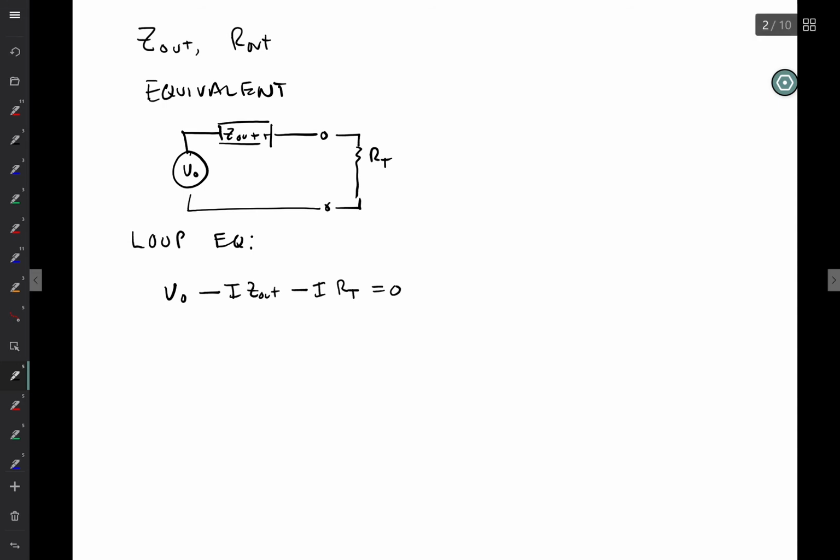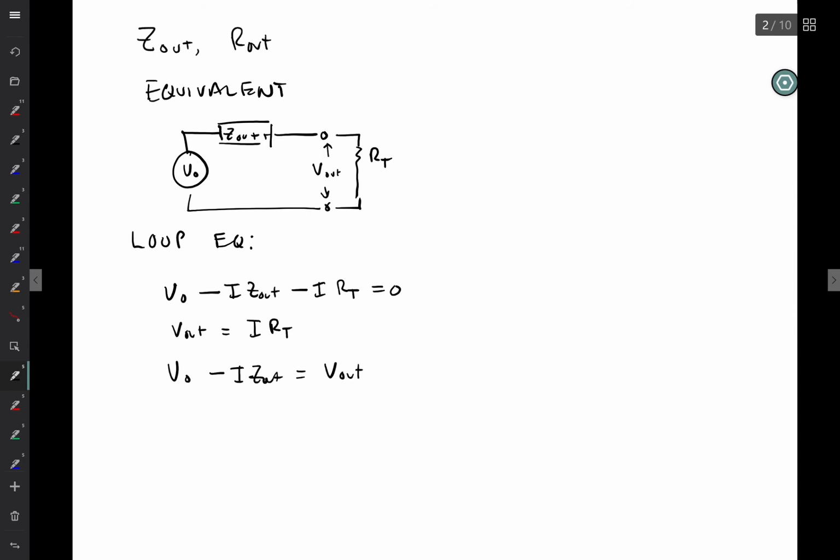Now I will ask the question, what is the voltage on the output? The voltage on the output here is simply equal to the current times R test. So that means that V naught minus I Z out is equal to V out.